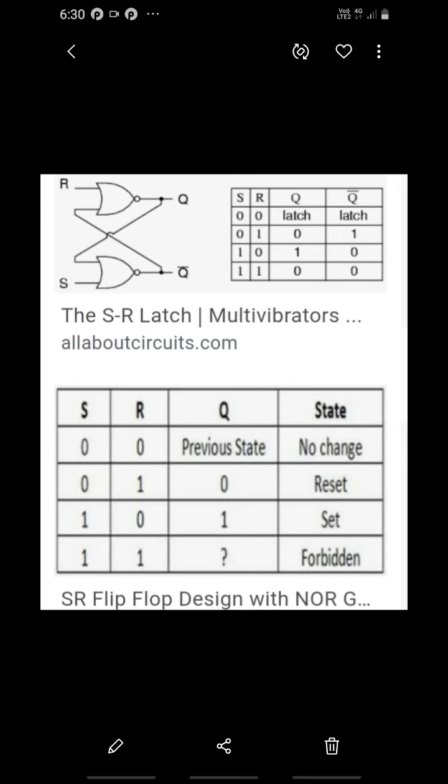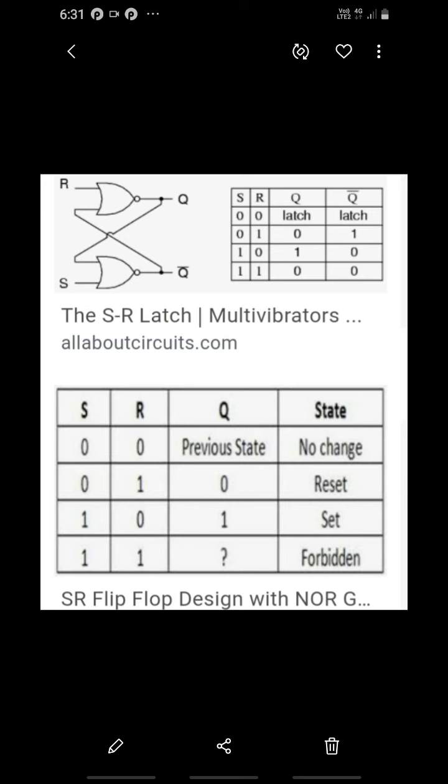So like that we can explain the RS latch by using the NAND gate here. So here now again explain here.